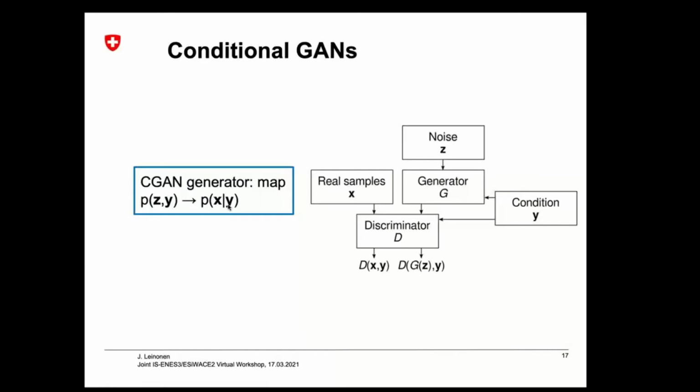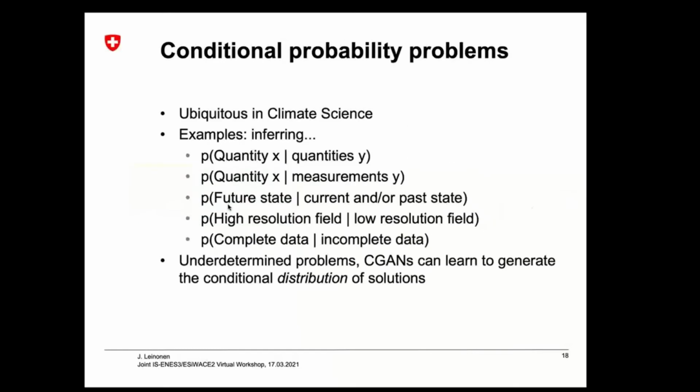So this is where we're kind of getting to a place where these conditional or generative adversarial networks are getting interesting for science, because in science we have these conditional probability problems just everywhere.